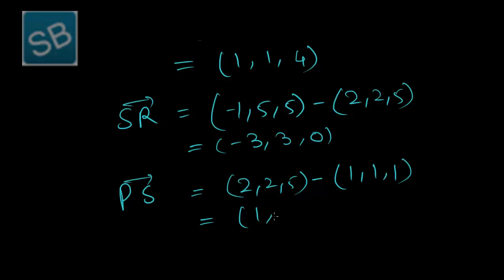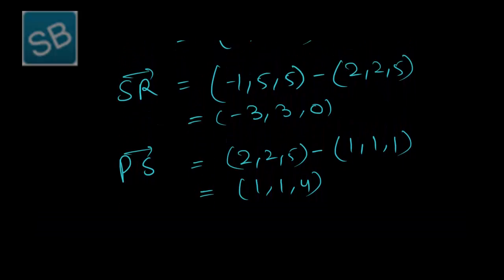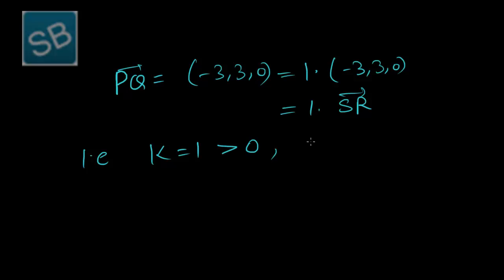That gives 1, 1, 4. So from above we can see vector PQ is equal to minus 3, 3, 0, that is 1 times minus 3, 3, 0, that is 1 times vector SR. Here k is equal to 1, which is greater than 0.